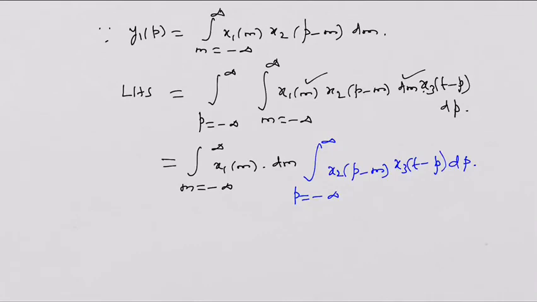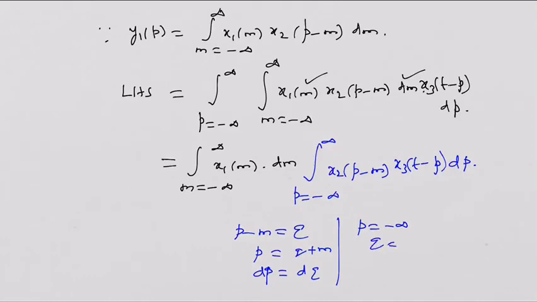So here if you make substitutions, p minus m is equal to q, and p is equal to q plus m, and dp is equal to dq. When p is equal to minus infinity, q becomes minus infinity minus m, so it is minus infinity. When p is equal to plus infinity, you will notice that surprisingly q is also plus infinity, right?